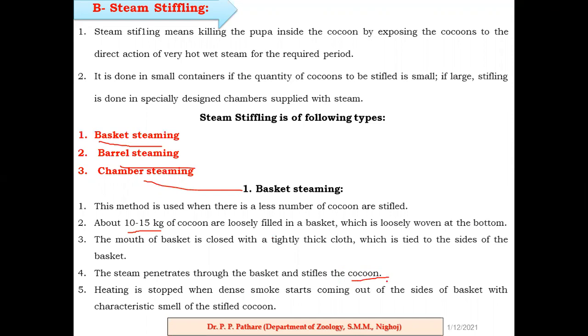This process continues for half an hour or a maximum of 1 hour. 20 to 25 minutes will be required for the stippling. But if a large number of cocoons are present inside your basket, you can increase the timing.